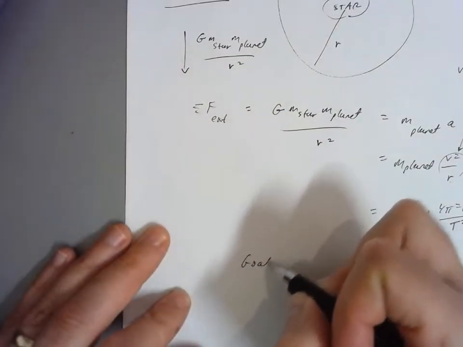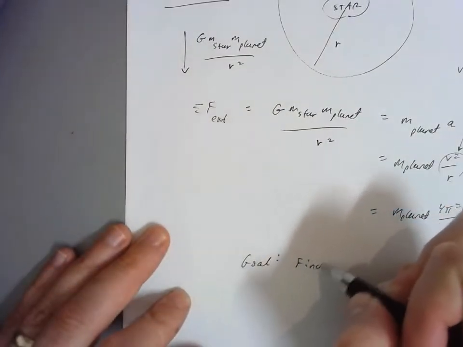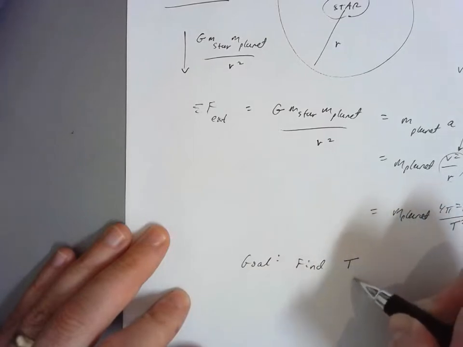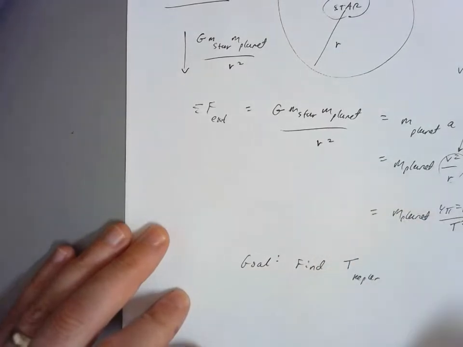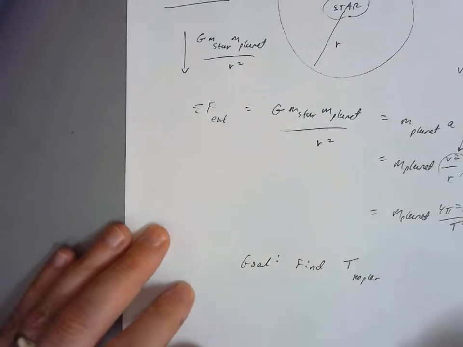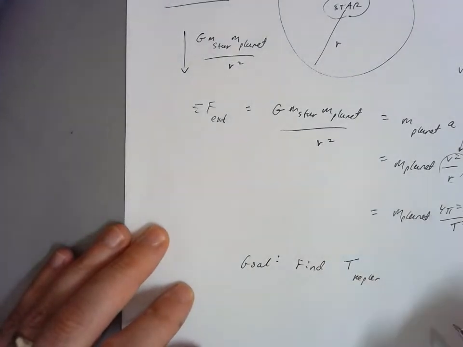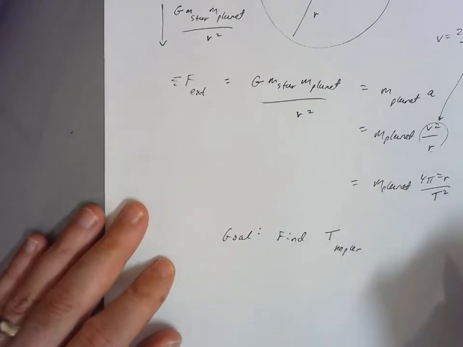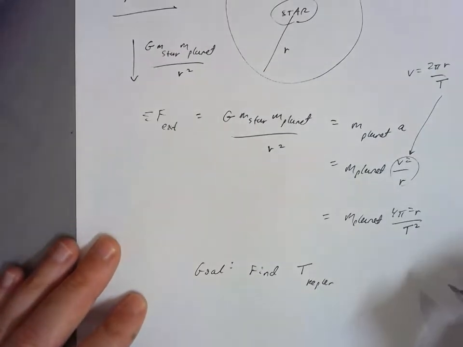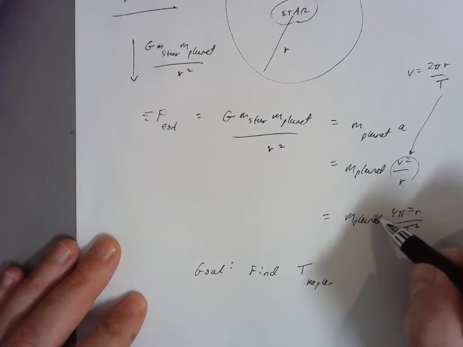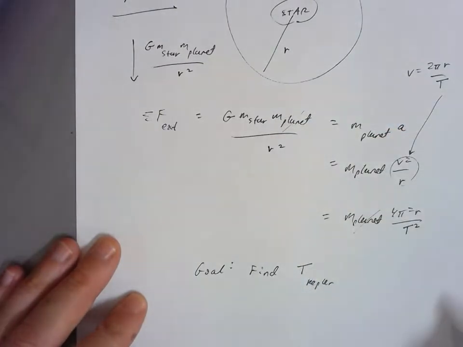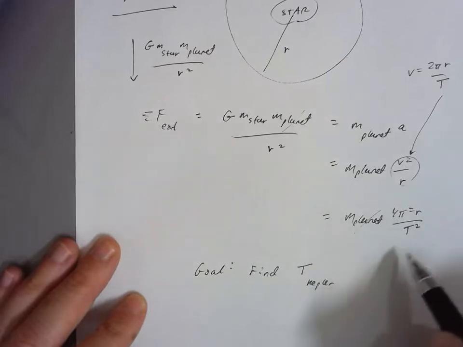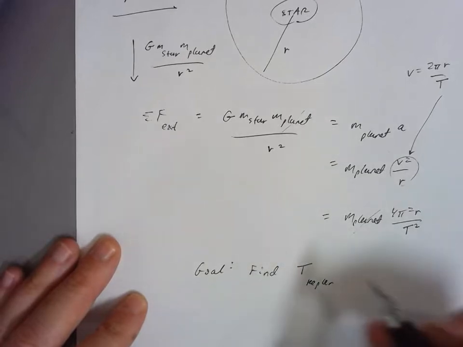Now, the goal is going to be to find the period of our Kepler planet. So we want to solve this algebra out for T. First of all, I can divide out the mass of the planet from both sides, and then multiply T squared to the left.